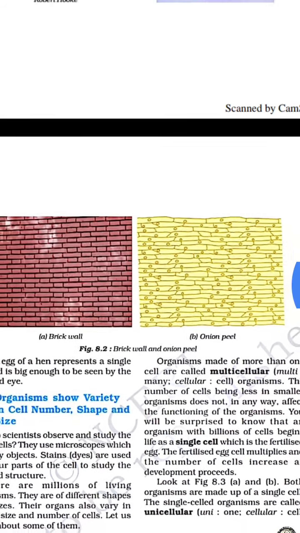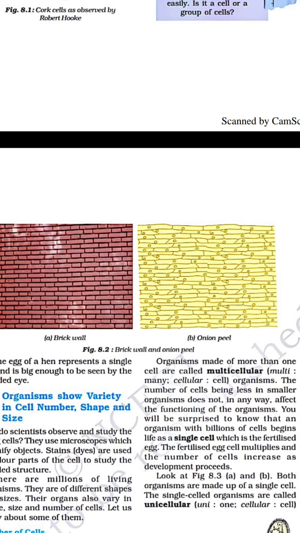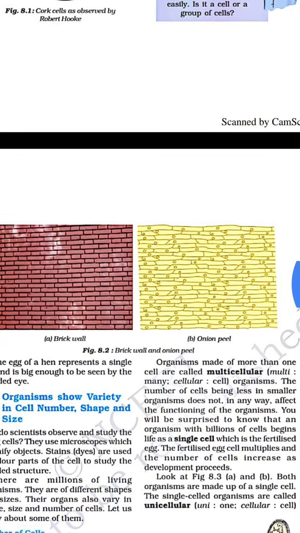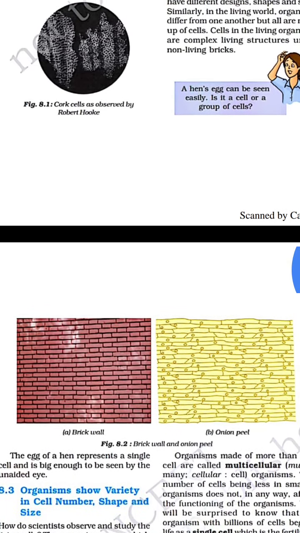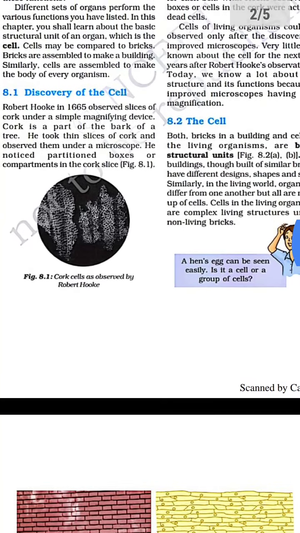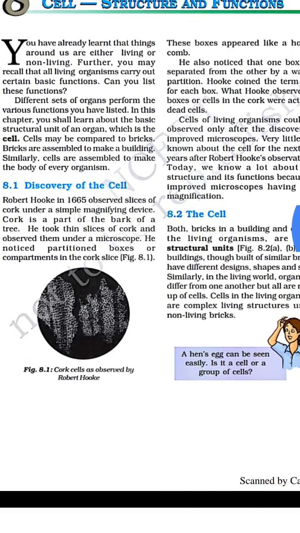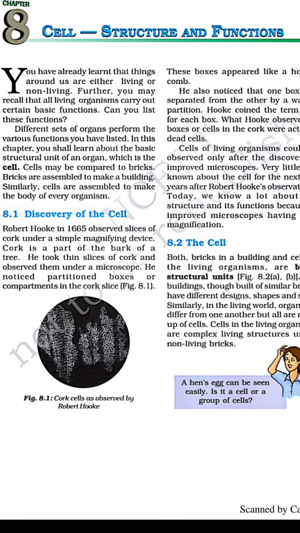What we have read is that cells are the basic structural unit of living organisms. Robert Hooke was the first scientist to tell about the discovery of the cell. He was the first person to observe the cell, that too in the bark of a tree.